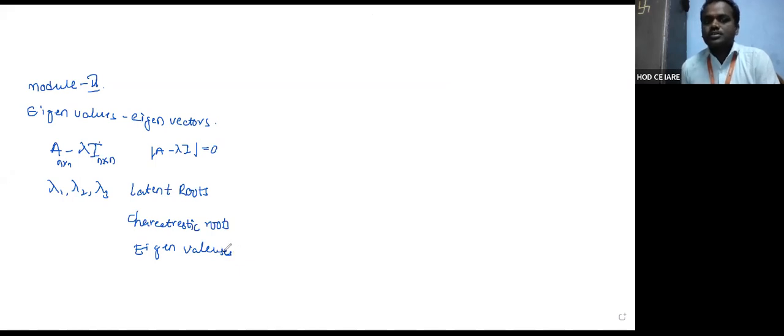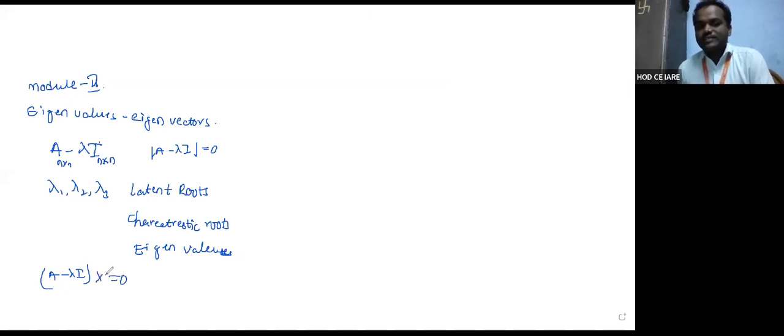Using the eigenvalues, the corresponding eigenvectors are found from A minus lambda I of x is equal to 0. Here x is the unknown.